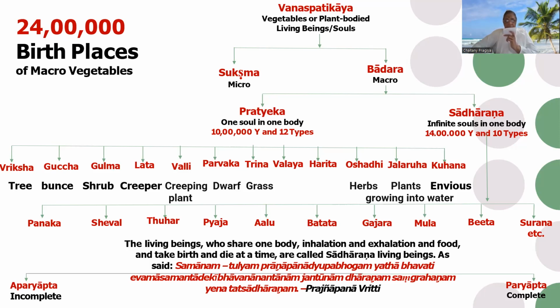So they may be there in that plant, but the main soul of that body is only one. So they come under this Pratyek category. So all the vegetables which are not root vegetables, they come under this Pratyek plants category.